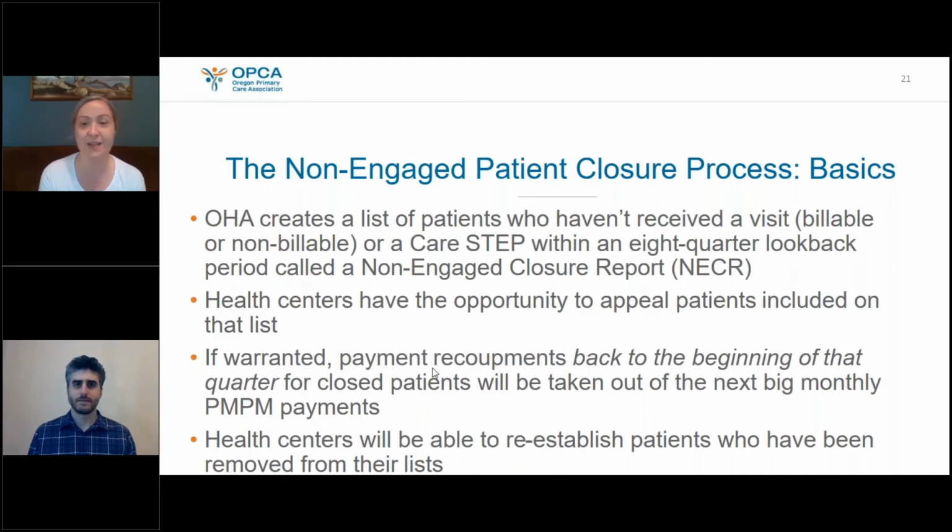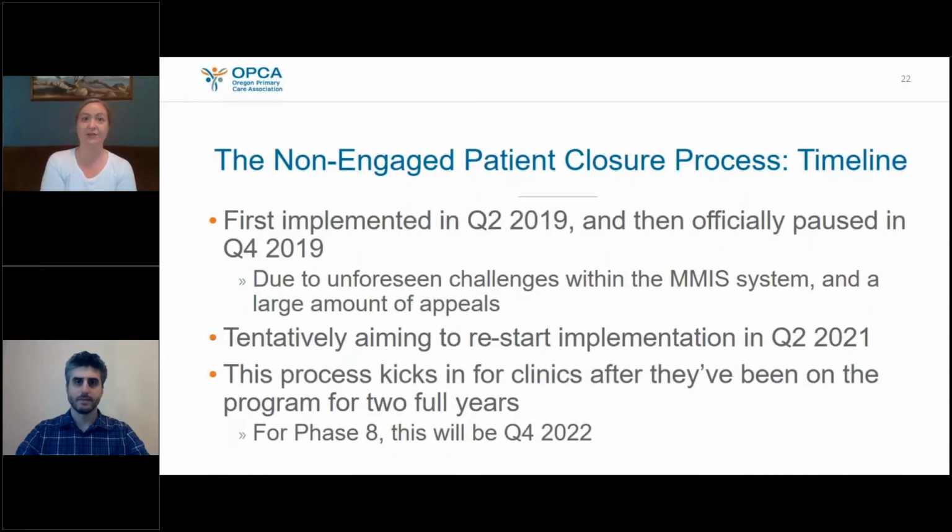If it turns out that patient should have been removed, payment recoupments will be taken back to the beginning of that reporting quarter for closed patients, and taken out of the next monthly PMPM payments. And of course, if that patient does end up coming back, health centers have the opportunity to reestablish that patient just like anybody else. So that's how it works in general.